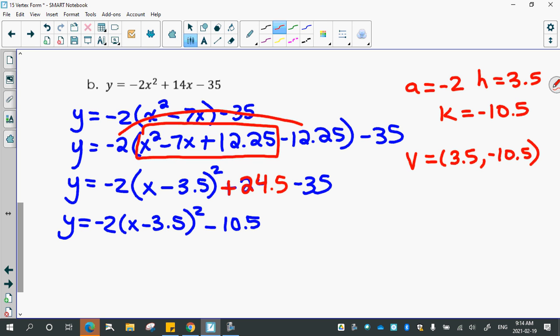And then does this one have a maximum or a minimum? So maximum, because a is negative, meaning it would be going downward. So it has a maximum value, and the value is always the k value. So the maximum is negative 10.5.